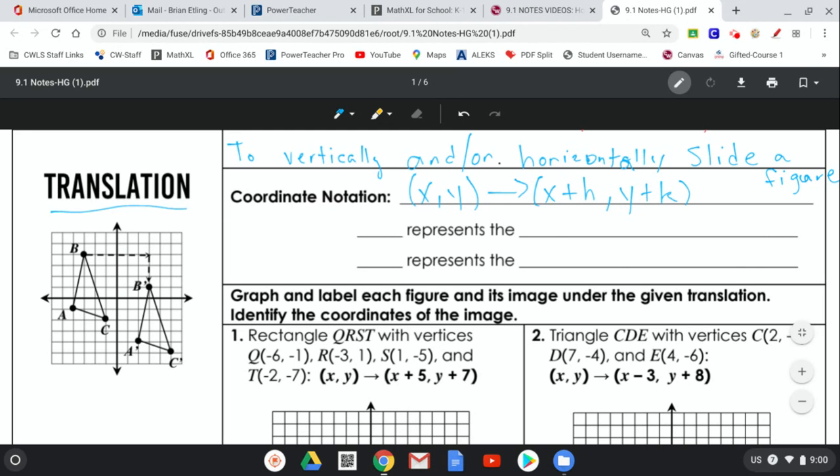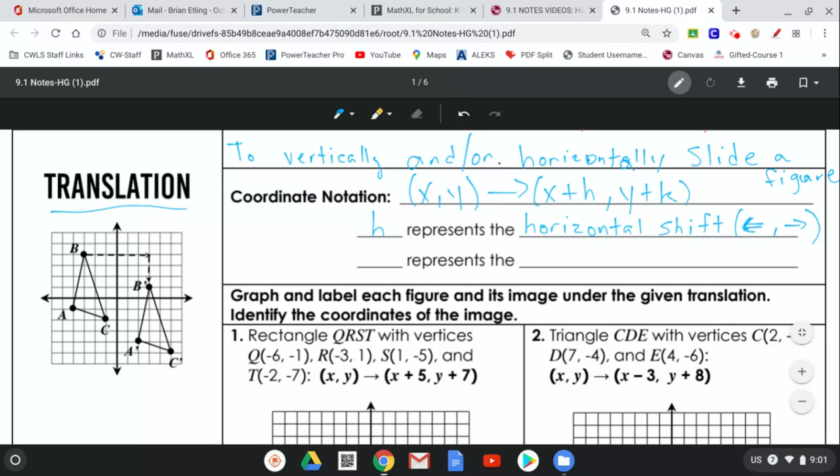So the h there represents the horizontal shift. That means on the x-axis, so we're shifting either to the left or to the right. There's supposed to be arrows to the left and to the right, so that's what's going on there.